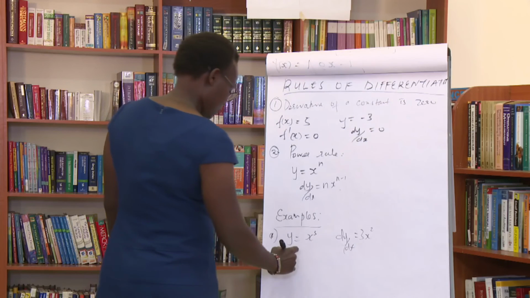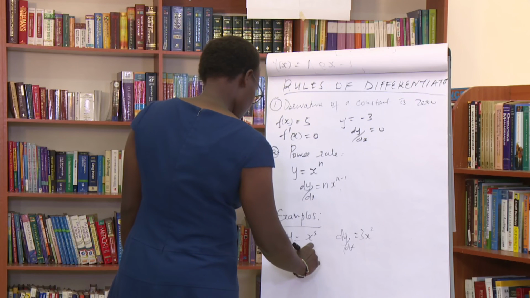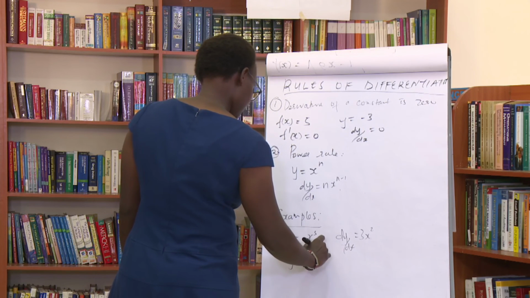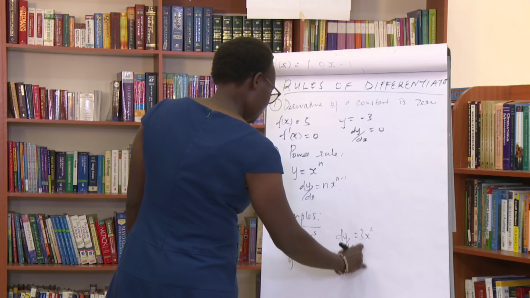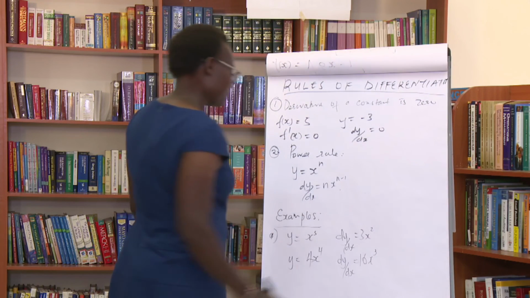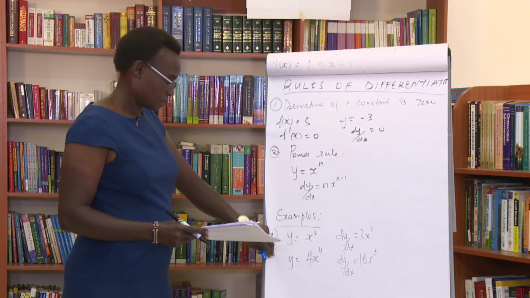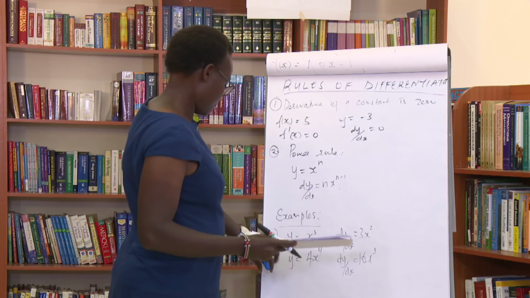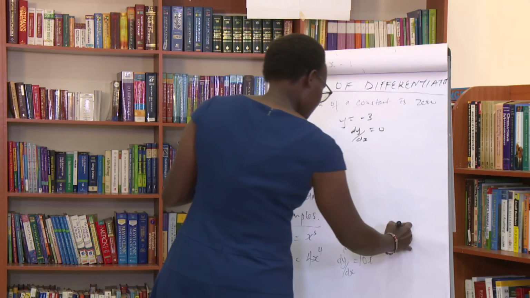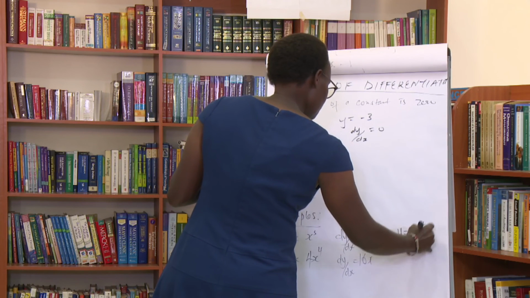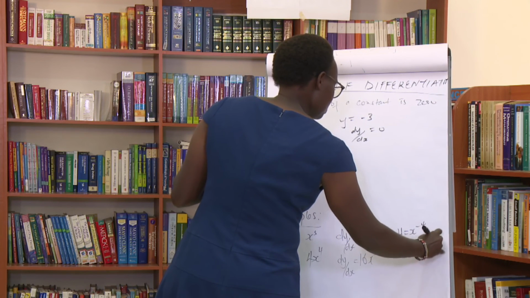If y is 4x raised to power 4, dy over dx will be 16x raised to power 3. If y is x raised to power negative 4, dy over dx will be negative 4x raised to power negative 5.